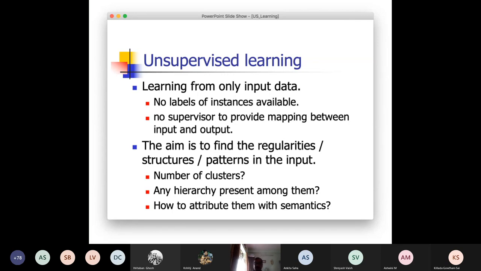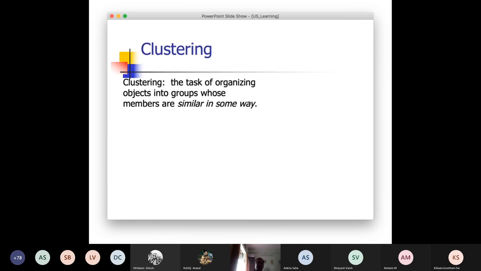Once you have a group, how do you characterize those groups? That is another question. These are some typical questions that we try to answer in this process of learning. It is not only the grouping, it is also those associated questions regarding those groupings.